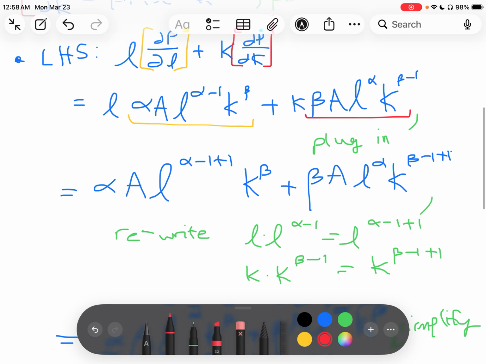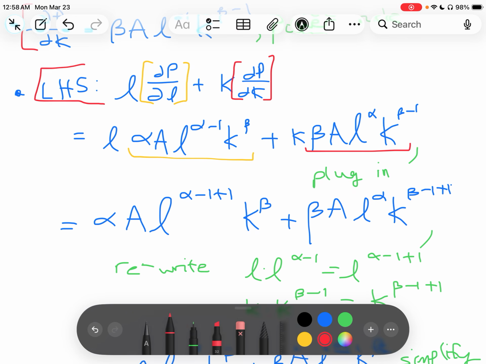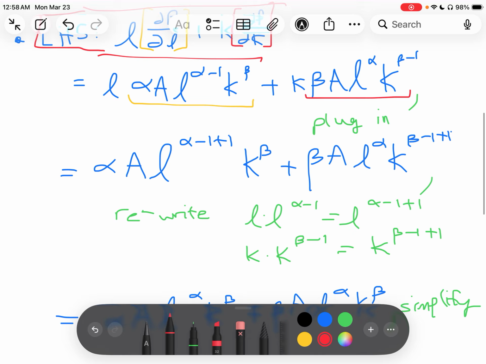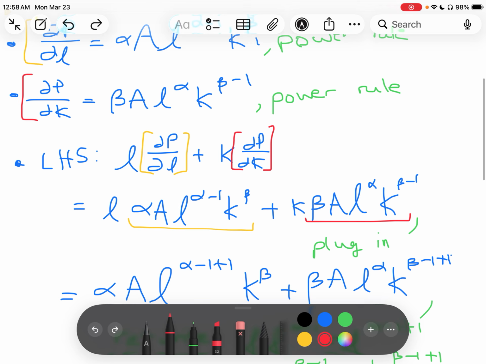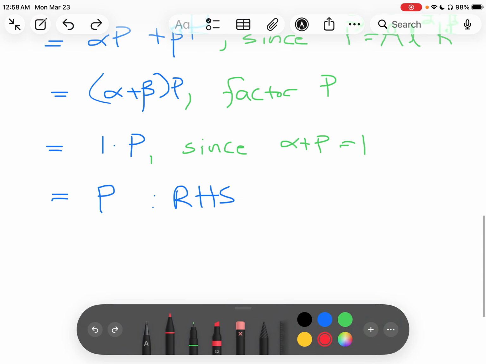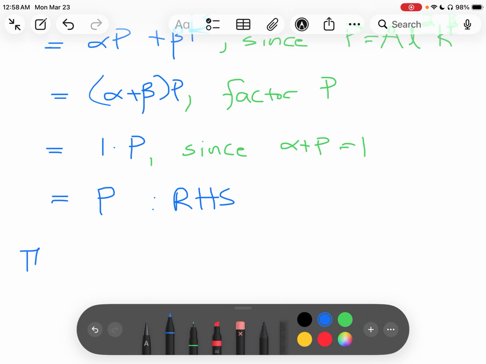So we see that, okay, left-hand side equals right-hand side. And maybe I'll just write that a little bit neater. So I'll say, therefore, we've shown, what did we show?